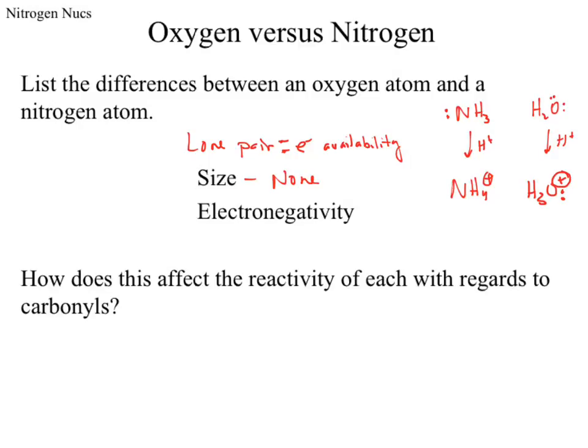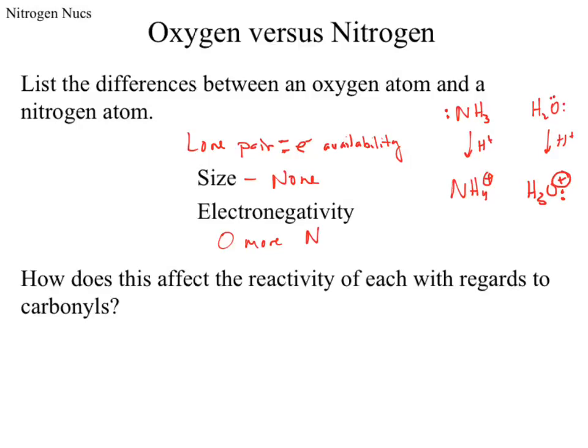Right? So that gets us to the next stage, electronegativity. Is there a difference in electronegativity? Yes. Oxygen is more electronegative than nitrogen. How will that affect the reactivity of your reagents? Right, let's pick something simple. Simple reaction. Say base strength. Which would be more basic, an oxygen or a nitrogen? Okay, this is fun.